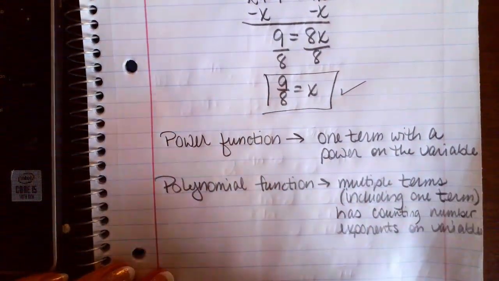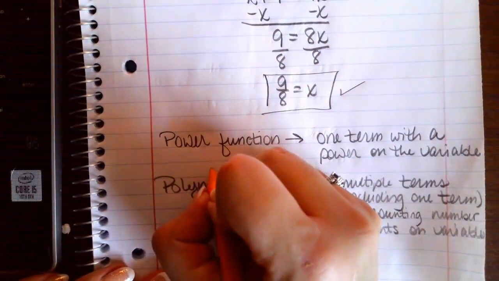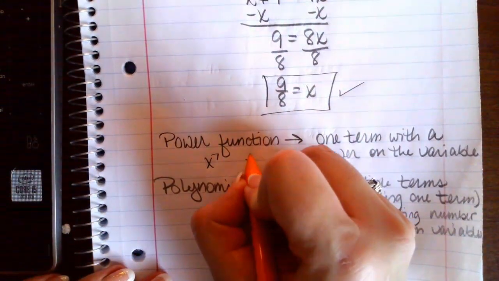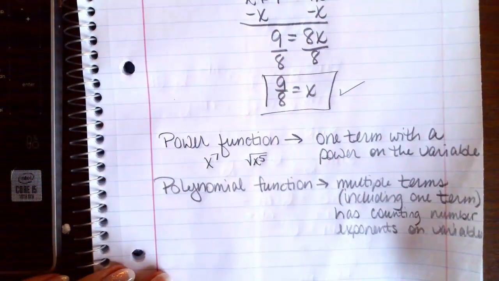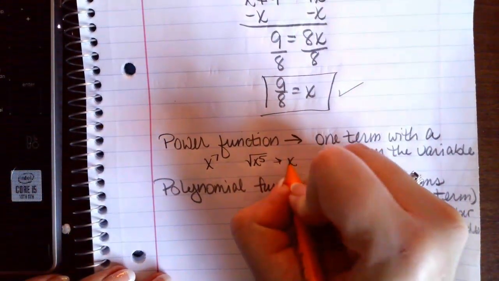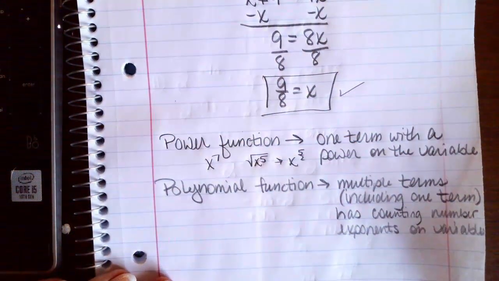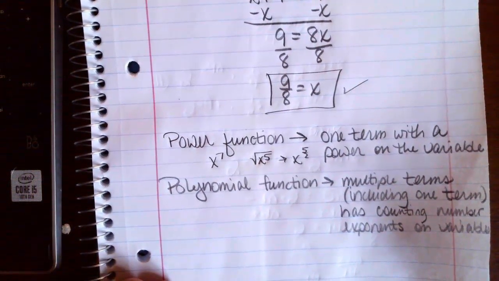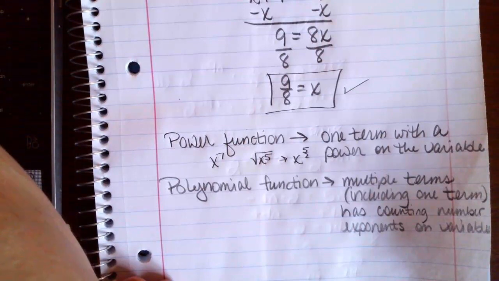So an example of a power function would be x to the 7th. Another example of a power function would be x to the 5th underneath a radical, because that's the same thing as x to the 5/2. So those are examples of power functions or polynomial functions.